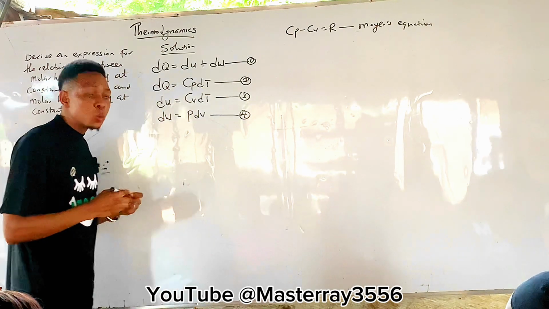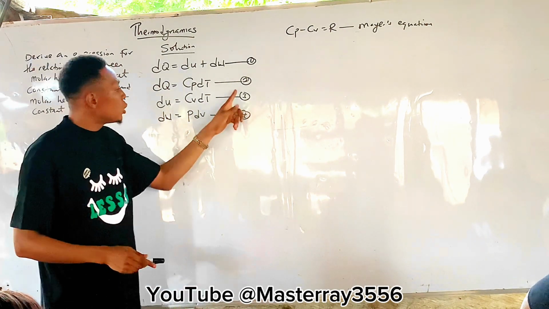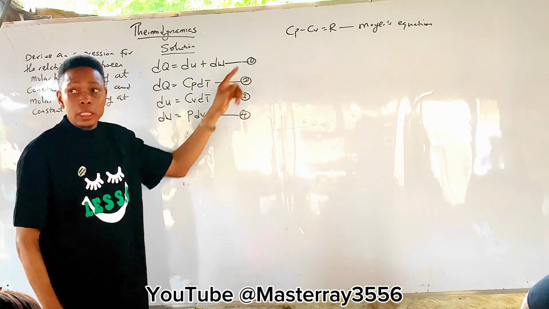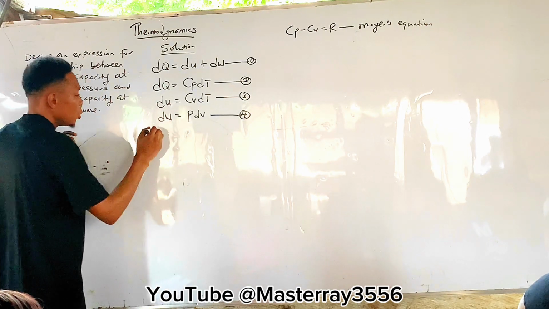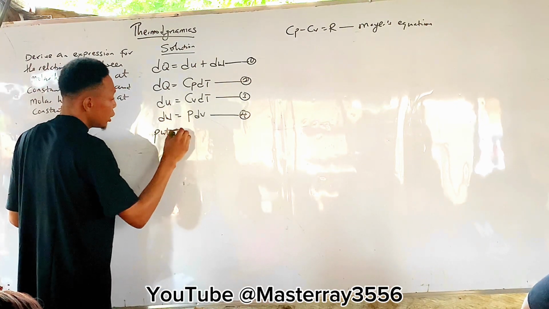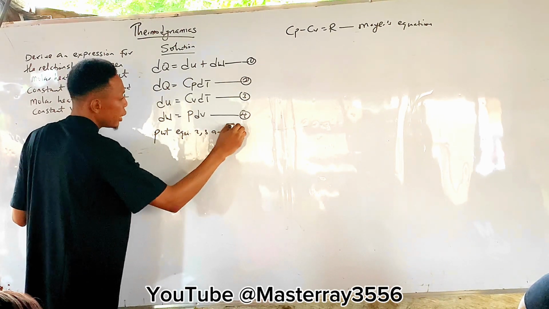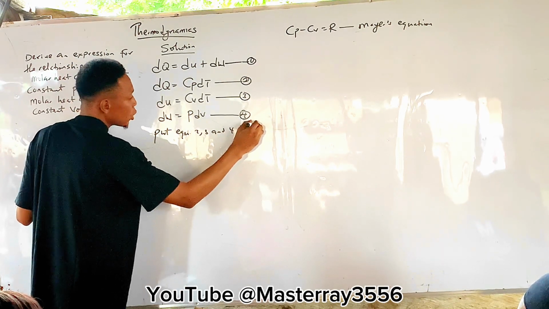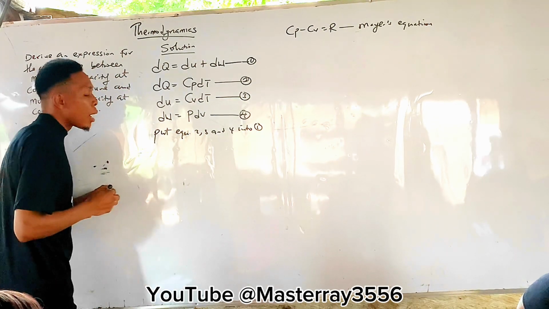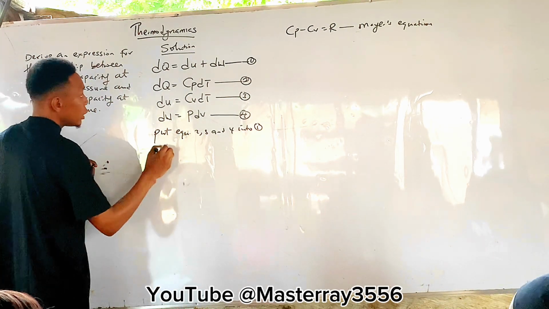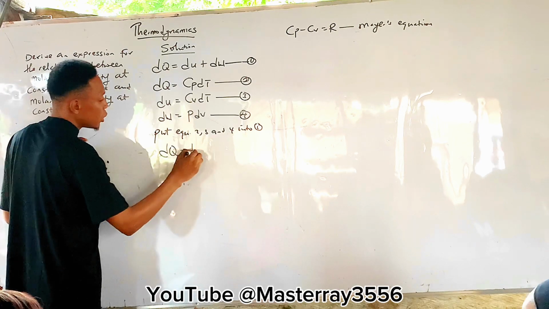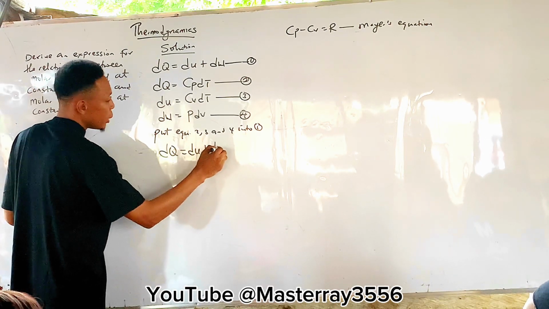So what you do, you substitute equations 2, 3, and 4 into equation 1. Now what's our equation 1? It is dQ equals dU plus dW.